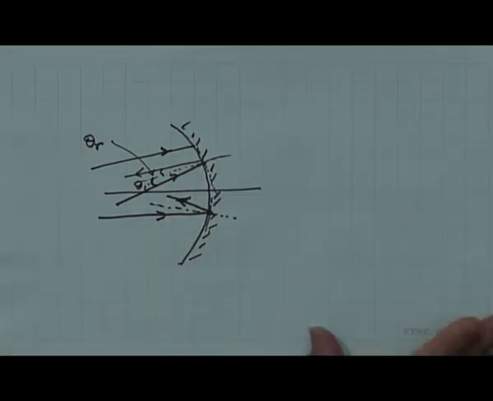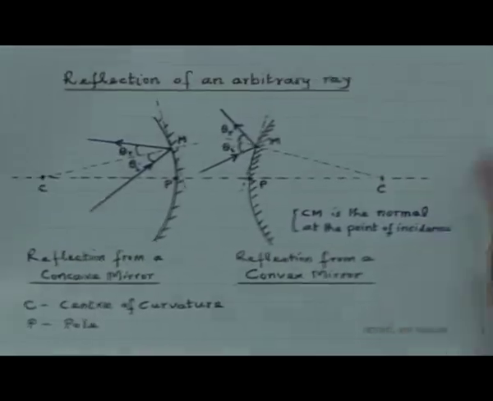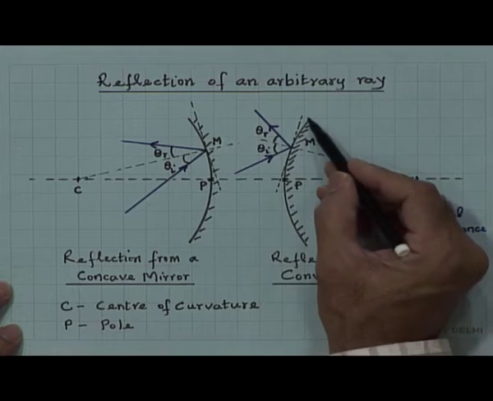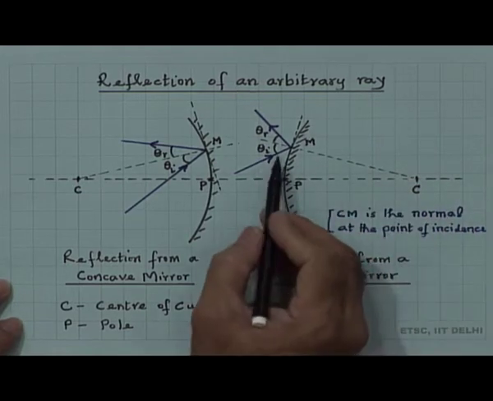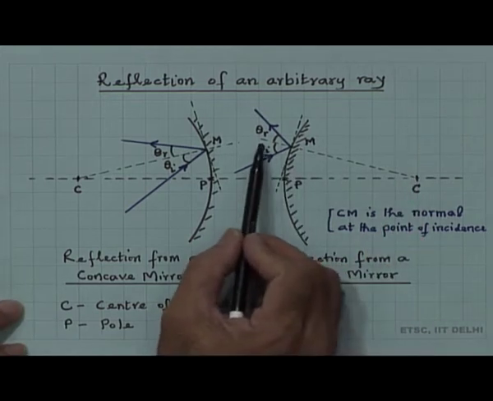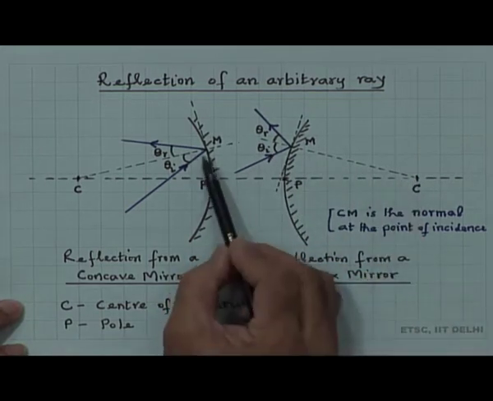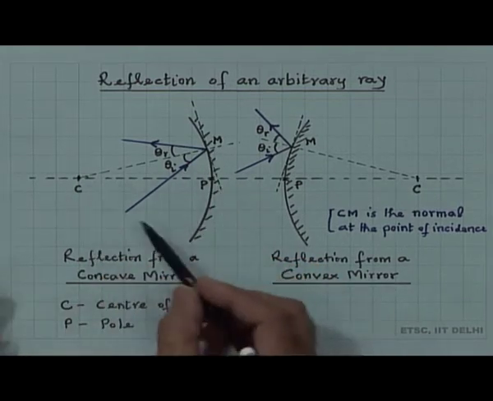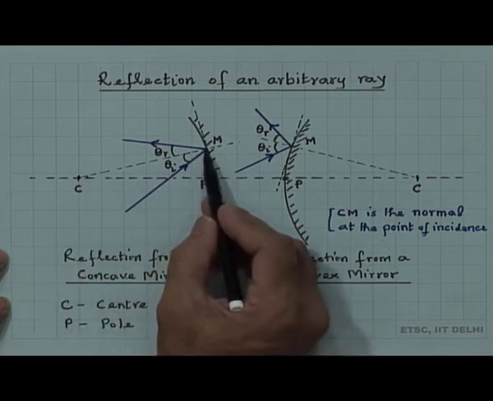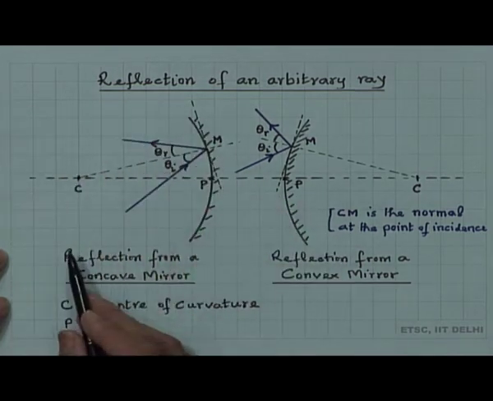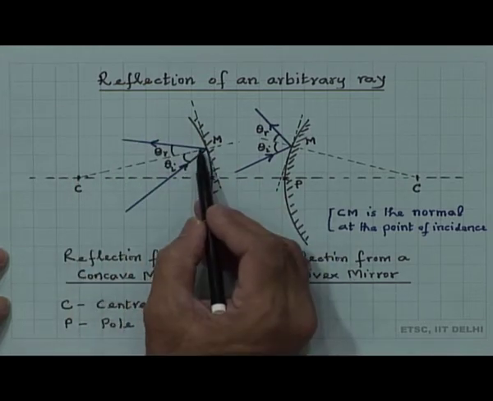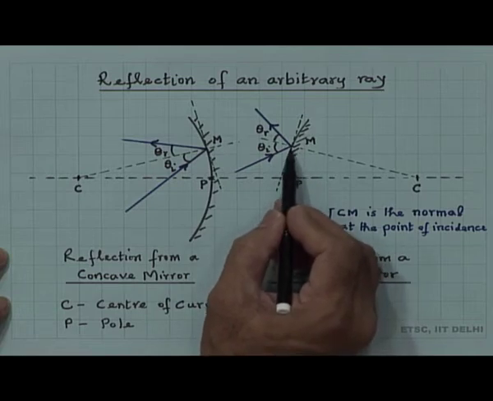If you have a convex mirror, exactly like that. A ray of light is incident, you draw the tangent and then draw the normal to the tangent. Incidentally, note that the normal will pass through the center of curvature, because by definition any line joining the center to a point on the circumference, that is the radius of the circle, will be normal to it at that point. Here it will be 90 degrees.